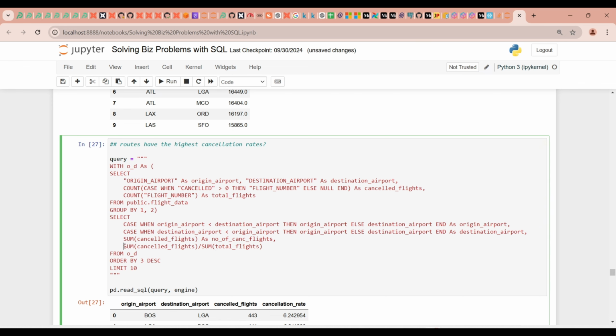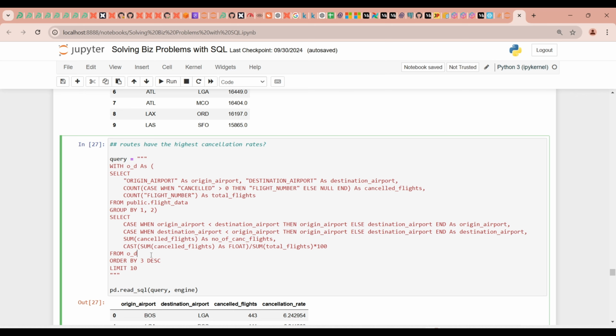Times 100, right? So I have to cast this numerator as float so that the calculation will not be truncated, times 100. I think that will be it.